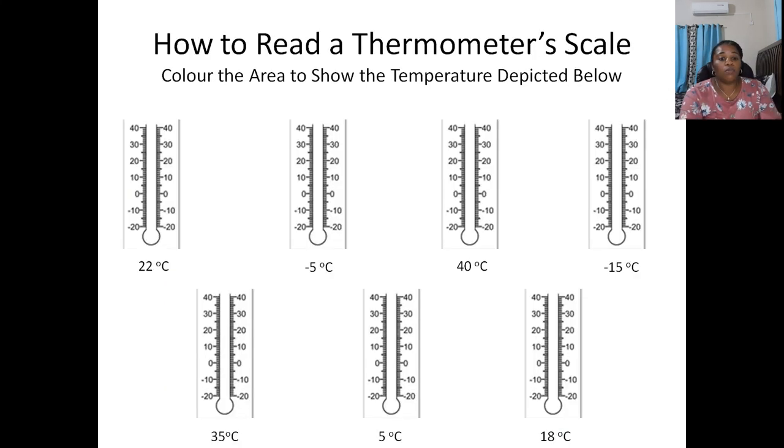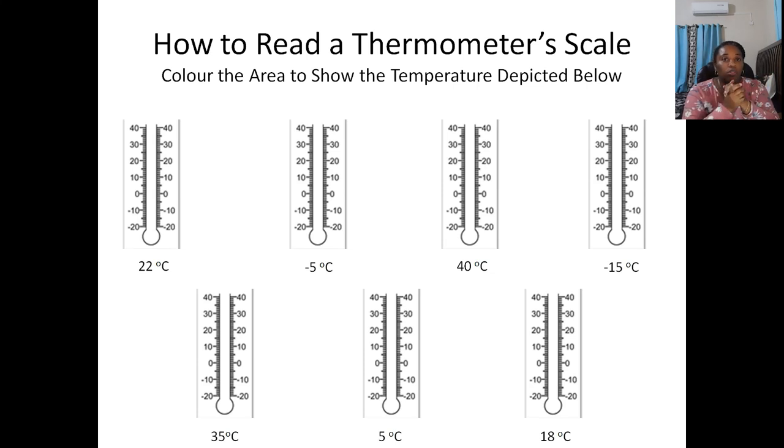Now here is a picture of 7 calibrated thermometers, and it's trying to test your skill on whether you can read the calibrations. So we have 22 degrees Celsius, negative 5 degrees Celsius, 40 degrees Celsius, negative 15 degrees Celsius, 35 degrees Celsius, 5 degrees Celsius, and 18 degrees Celsius.